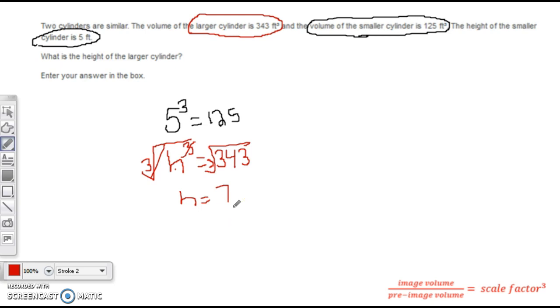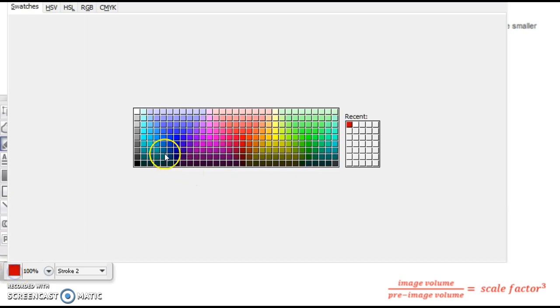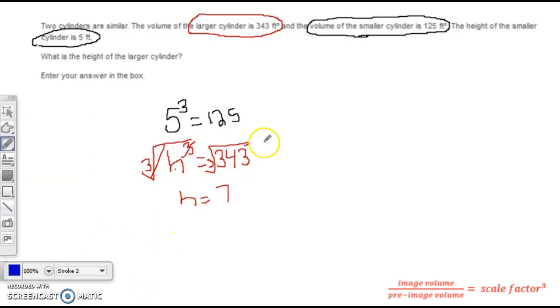If that backwards way of thinking just totally blew your mind, I'll show you how to use our original formula. I just think the formula in this case was a little bit more difficult for me than just kind of thinking through it. But let me go ahead and show you that. And I do not love this method, so I'm going to show it to you pretty quickly. But let's just let the bigger one be the image and the smaller be the pre-image.